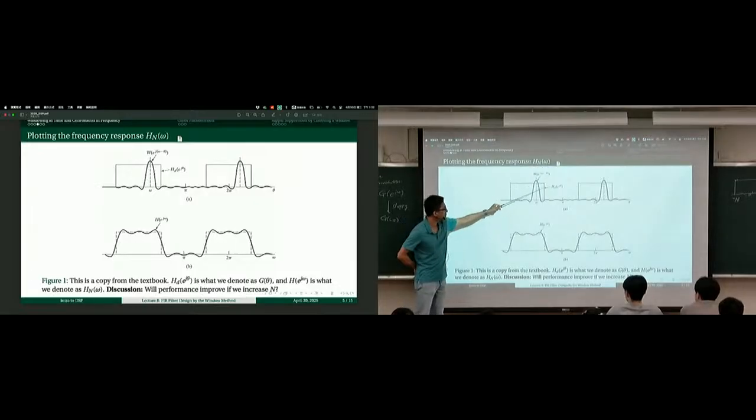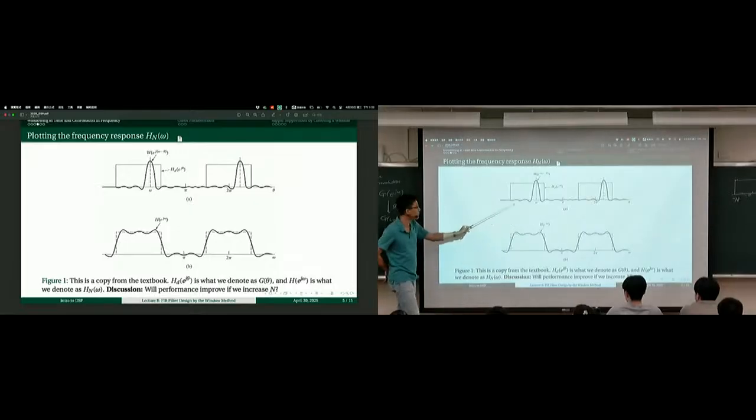This is the ideal low-pass response, with the pass band right here and the stop band right there. The spectrum repeats itself every 2 pi. In the frequency domain, this is the ideal magnitude response, which is impossible to implement.